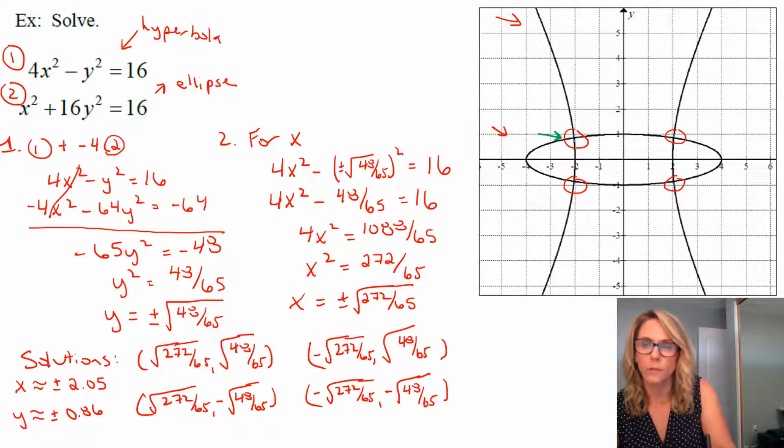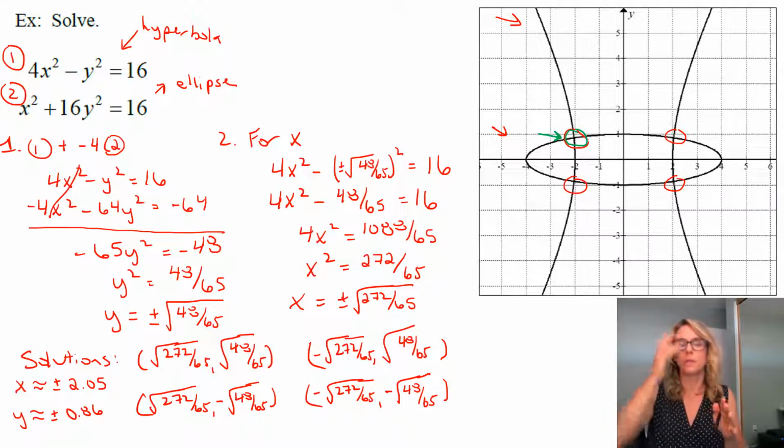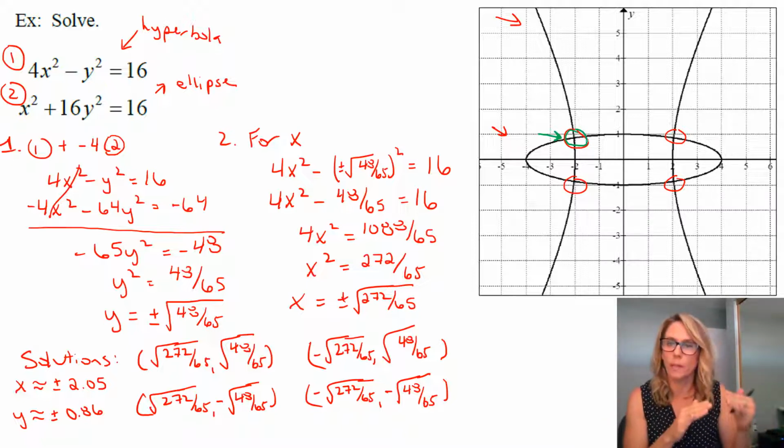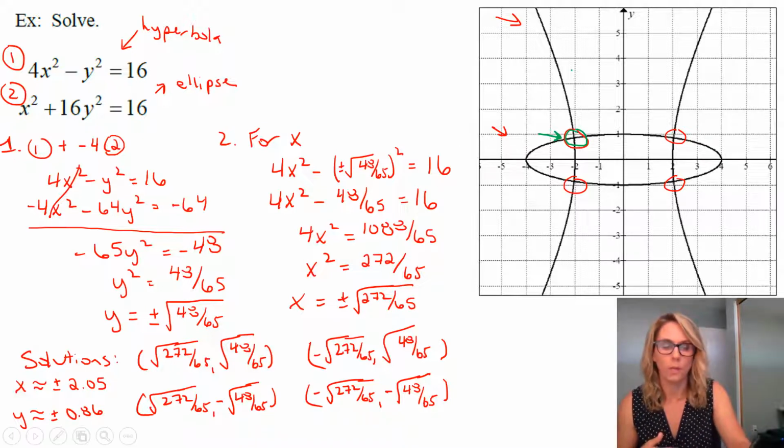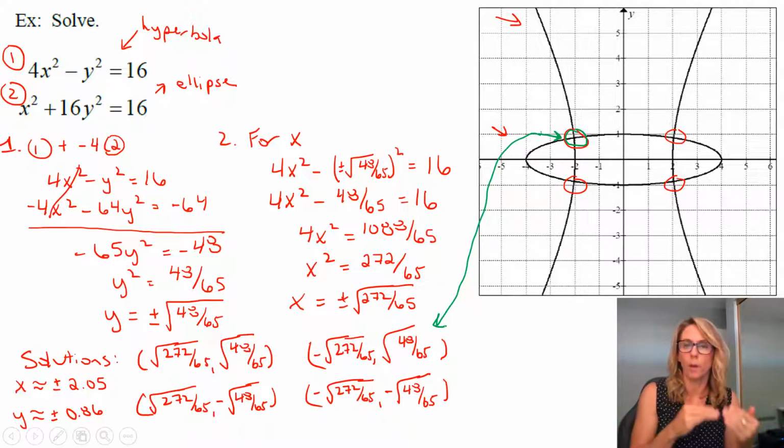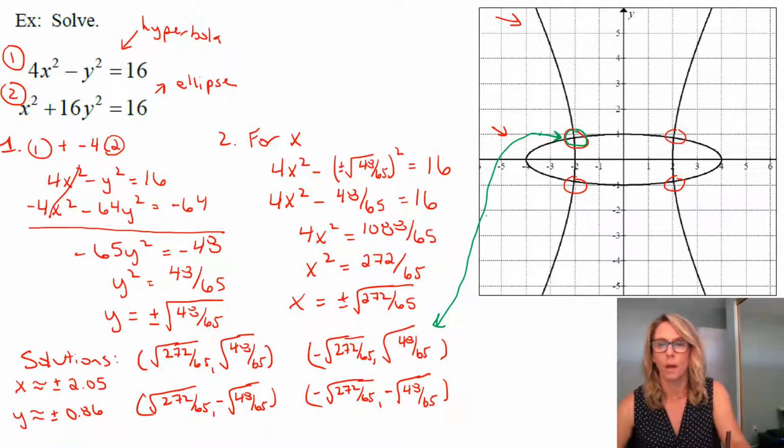You can see that for this solution right here, the x value is negative 2.05, which makes sense, and the y is not quite positive 1. That's one of our solutions, a negative x value and positive y value.